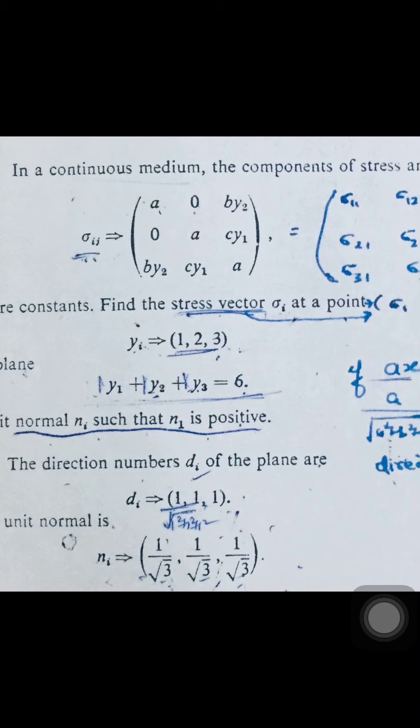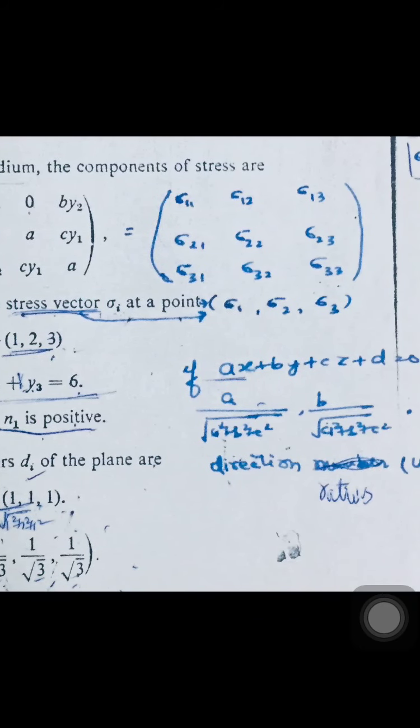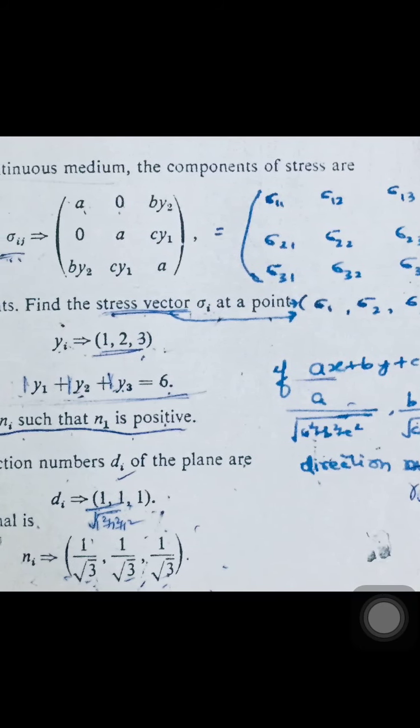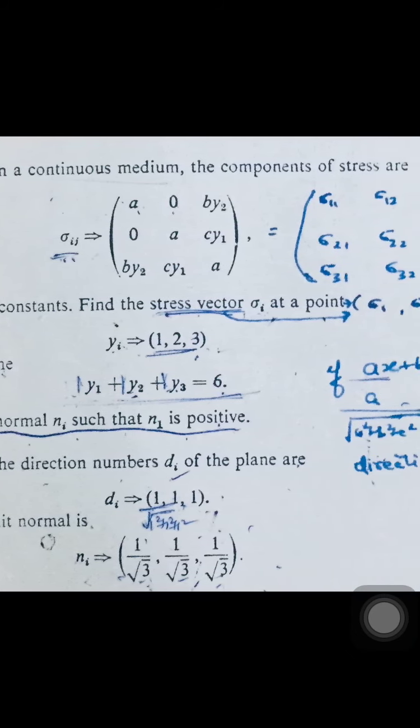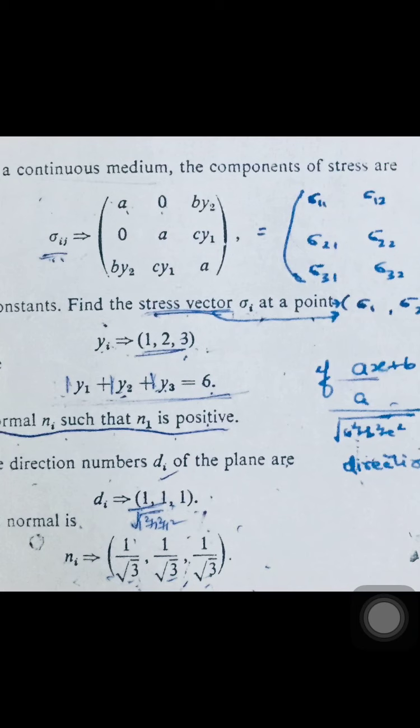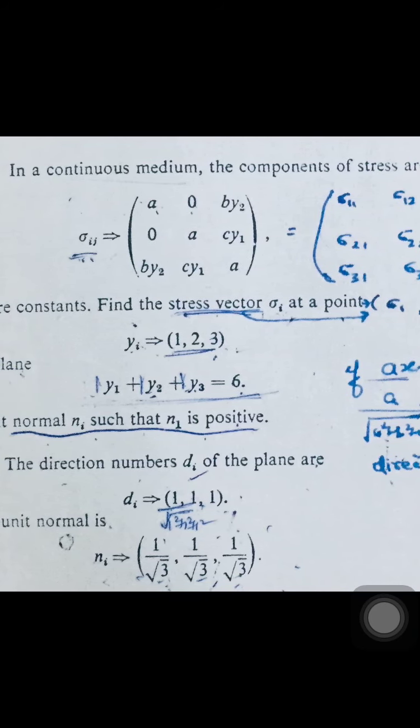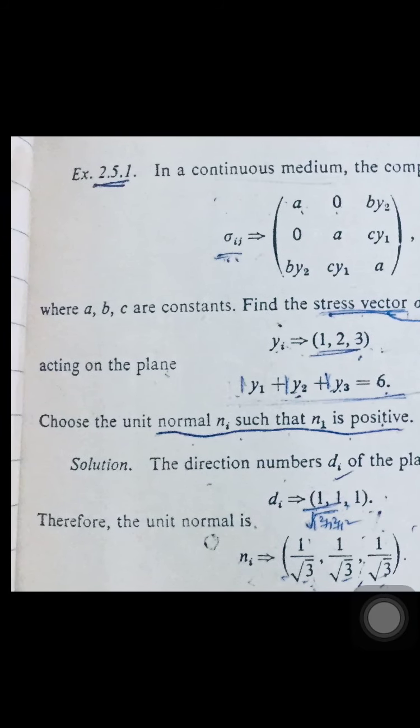By comparing this with the sigma 1 1, sigma 1 2, sigma 1 3 form, we get the values. What is the question? Where a, b, c are constants, find the stress vector sigma I. You are given the stress components, and you have to solve for the stress vector sigma I at the point yi equals 1 2 3.